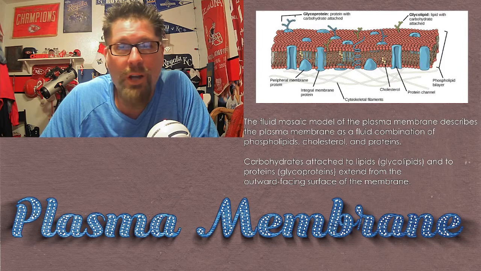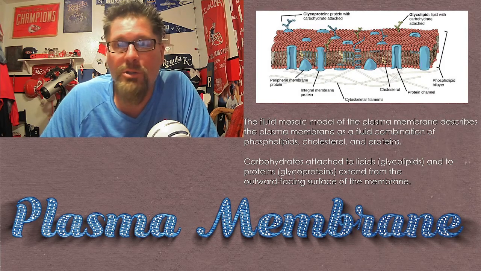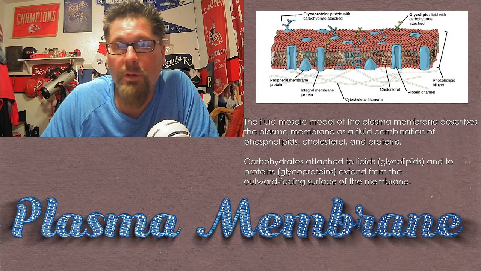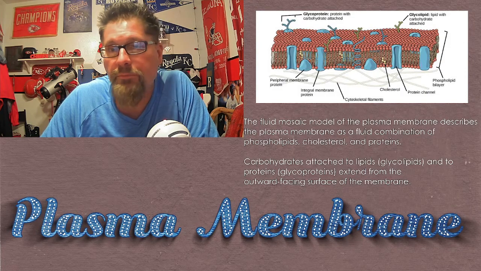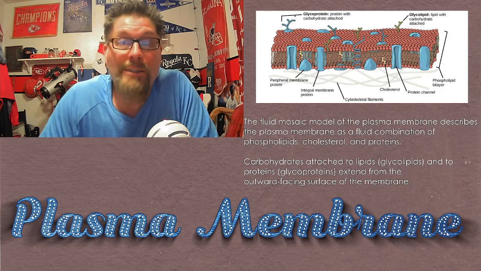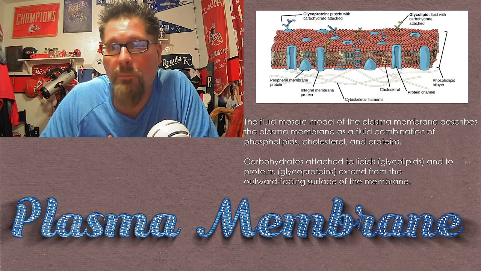Even though it's an organelle that's microscopic small, it's a super complex collection of components, so much so that not only is it mentioned here, we've talked about it in the organelles, chapter 4. We talked about phospholipid in chapter 3. It has its own chapter, which is this one right here, plasma membrane. So super important organelle, and we're going to go through and talk about some of the things.